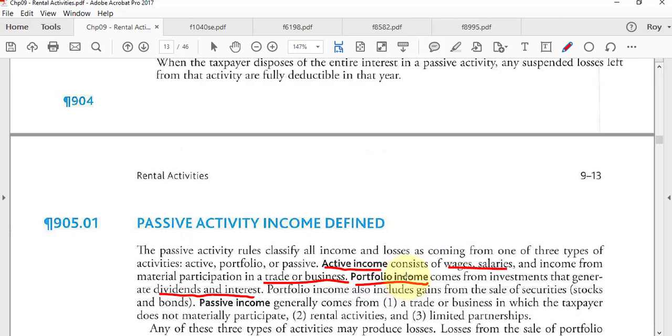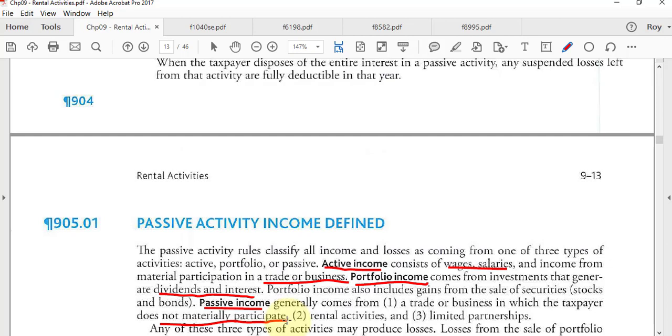And then the third type of income that we're dealing with here in this chapter 9 is passive income, which for most people, they still consider it to be investments, but it's really a business they're investing in. So let's say that you have a business, but you don't work in it. Here they say you don't materially participate working in that business. Basically all you're doing is investing in that business, almost like a creditor lending money.